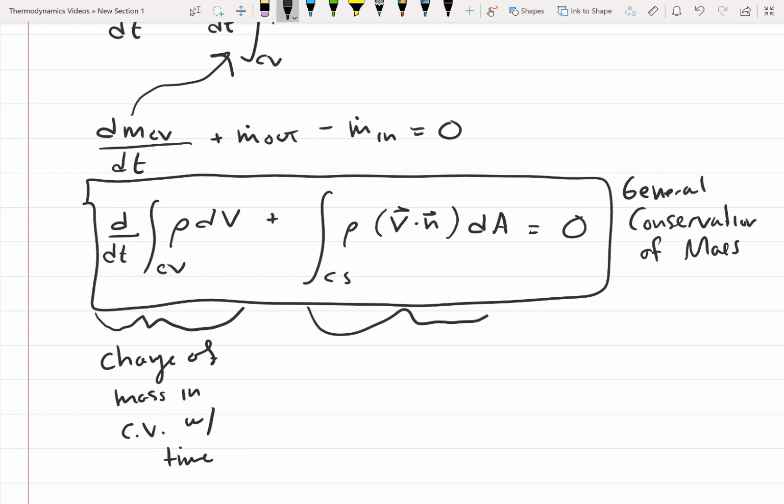And the second term is the net mass flow into or out of the control volume, so basically the net mass flow across the control surface.